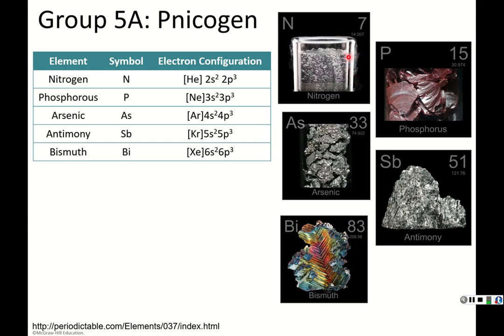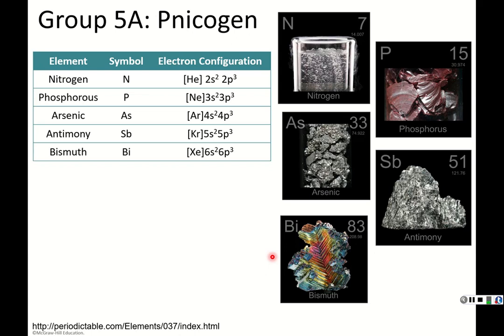But for whatever reason, they're showing it as a liquid. Phosphorus, in one of its forms, can be this kind of red rock-like substance. Arsenic looks like a silvery rock, and the same with antimony, really. And then bismuth has this really cool crystal structure and iridescent color.